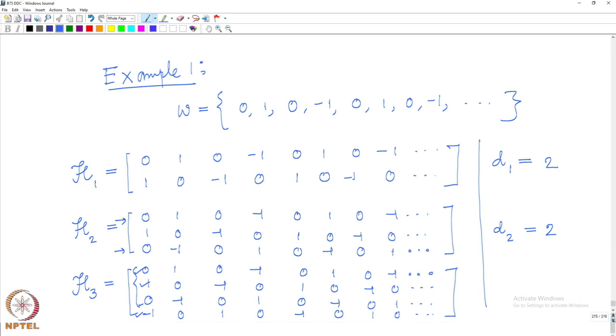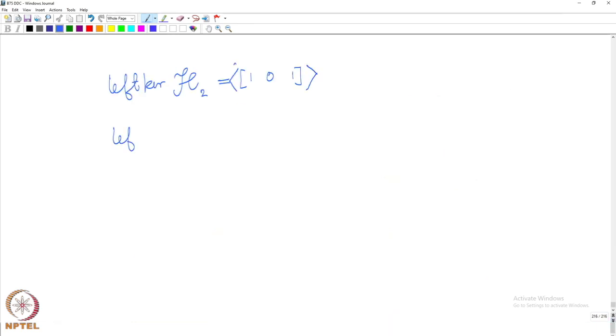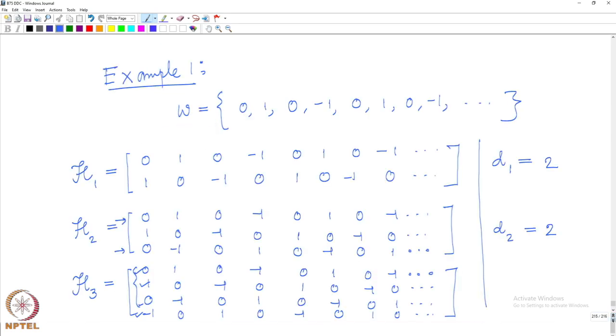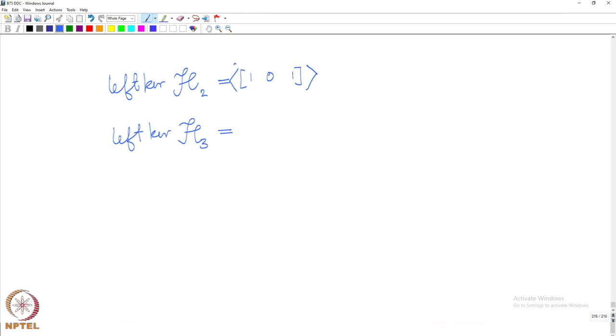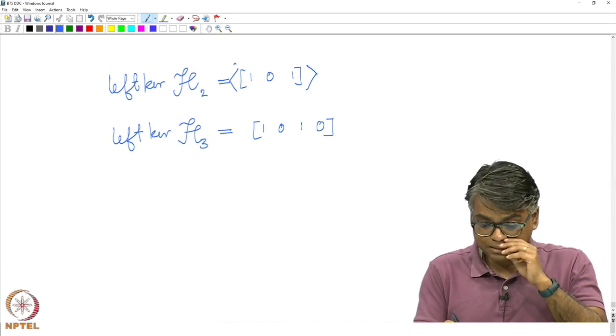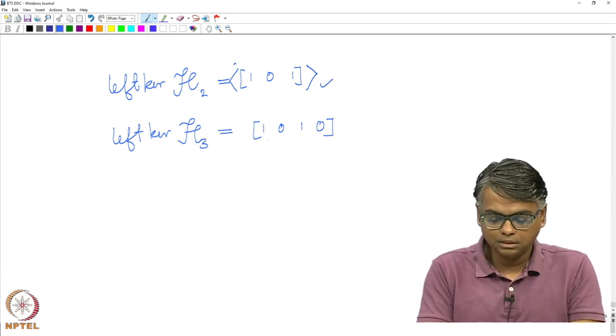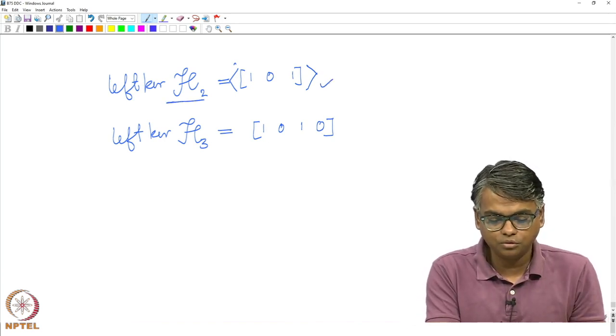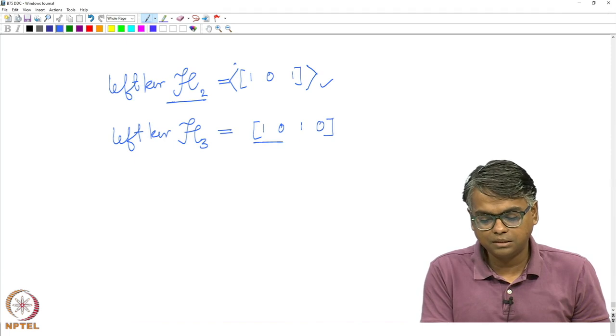Yeah. So, if I write down those left kernels, left kernel of now H 3, right, that is what it was, H 3. Notice carefully, that is given by 1 0 1, I have to put an extra 0 because now the size is increased. Okay. There are 4 rows now. This is just like left kernel of H 2, this is the embedding of left kernel of H 2 in the left kernel of H 3, this part.